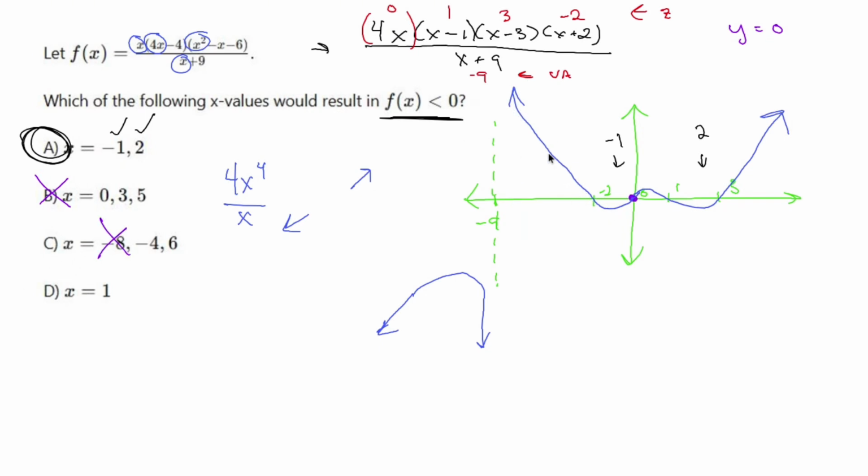If I plug in negative 4, same thing. If I plugged in 6, that's way over here, above the x-axis. If I plug in 1, that's on the x-axis, so it doesn't count. So A is the only option that works because of this picture that we were able to poorly, but somewhat accurately, draw out. Very challenging problem, but we did it.